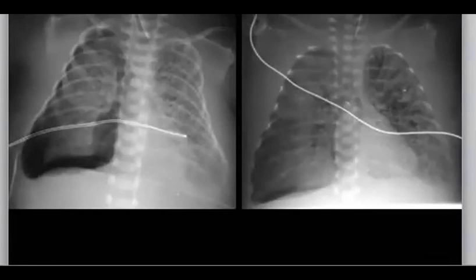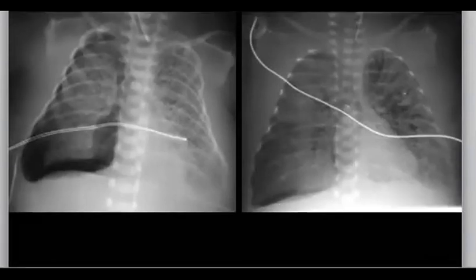I want to ask you something about this patient. Are the lines and tubes here in good location or not? Yeah, it's not perfect. Why?